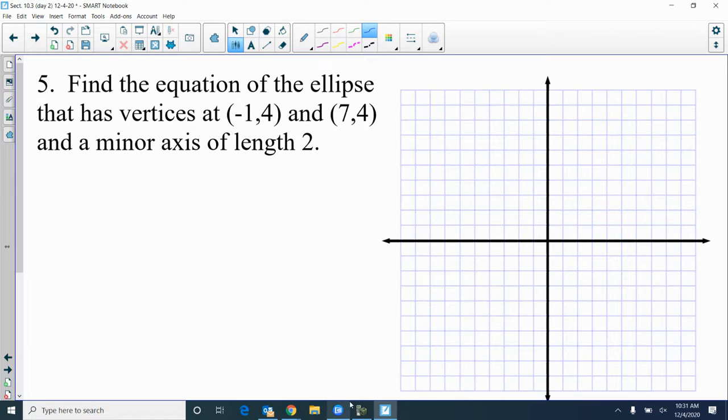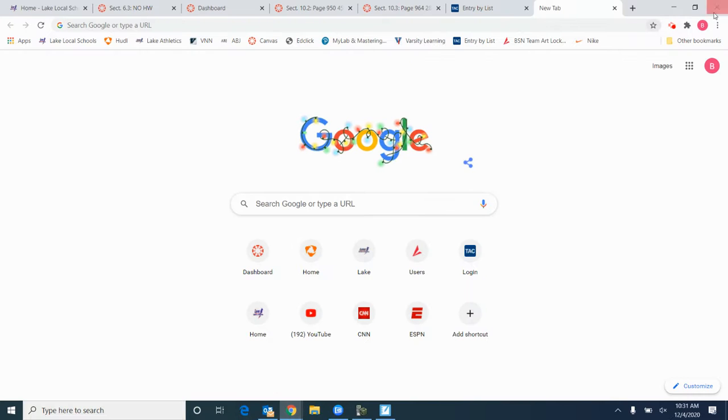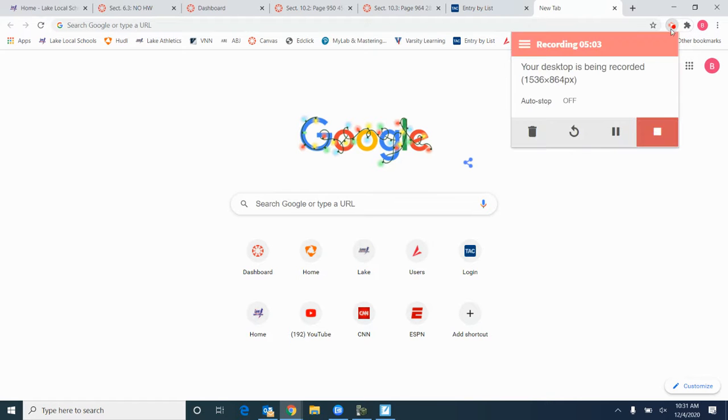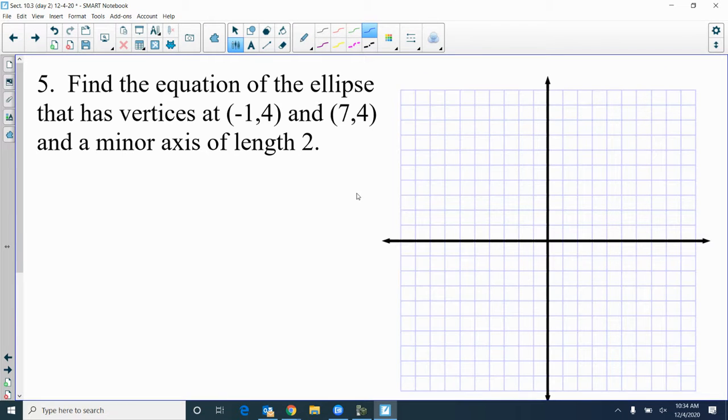Let's see what you come up with. All right, minor axis length 2. So this deals with the smaller number that's going to give us that b value. We're going to be able to determine the b value from that.